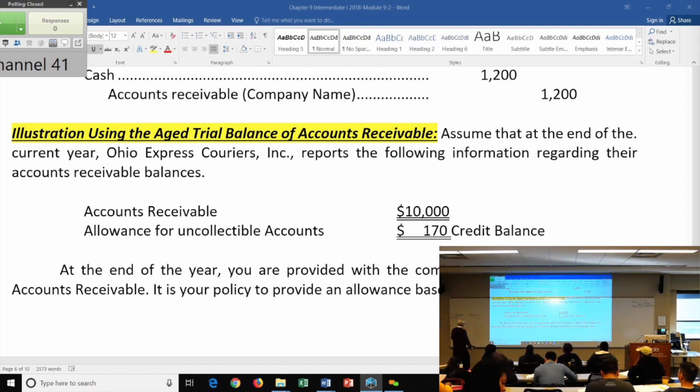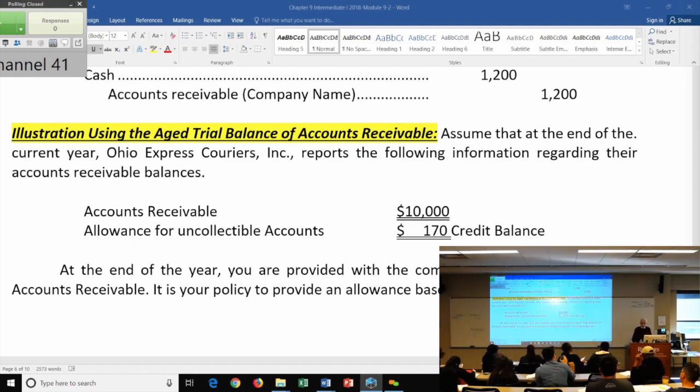We don't worry as much about the bad debt expense because that is an indirect result of the journal entry that we make. The journal entry is focused on properly valuing the balance sheet, not worrying as much about the income statement. So your focus is the balance sheet, and you give up the direct association or matching.